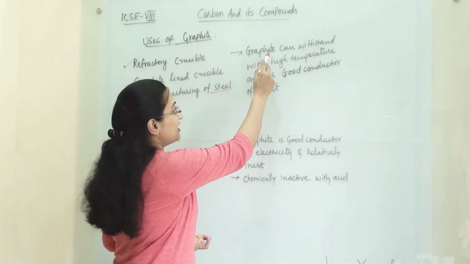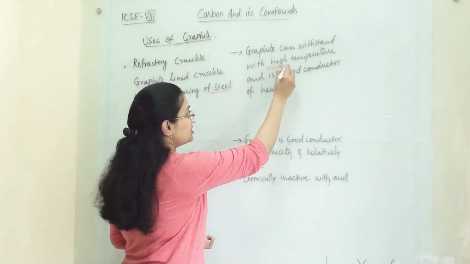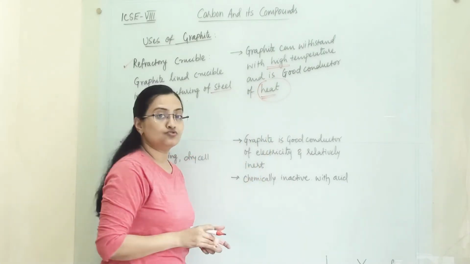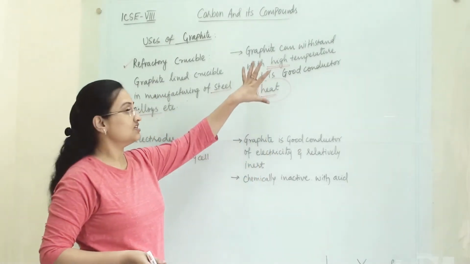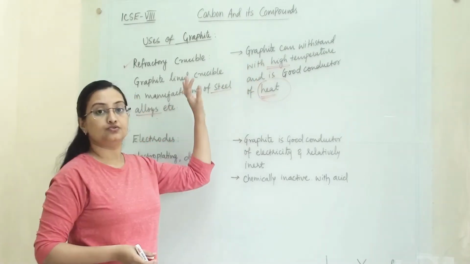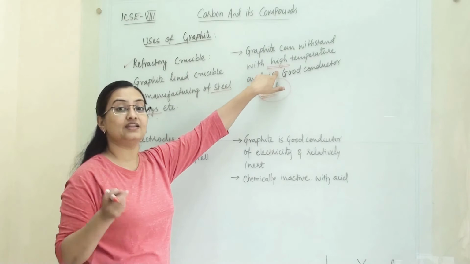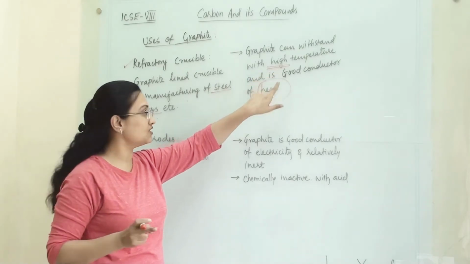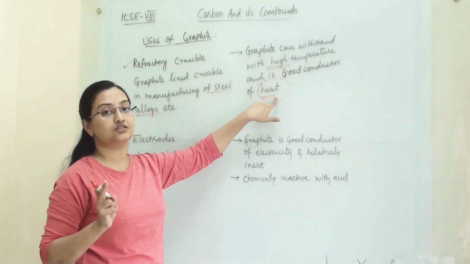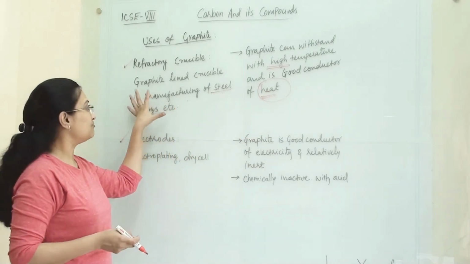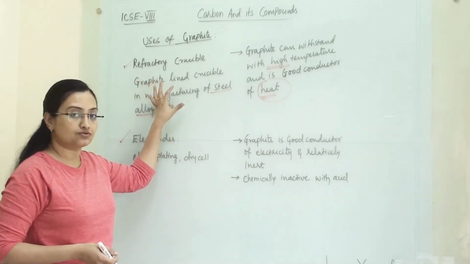Because graphite can withstand high temperature and it is a good conductor of heat. So two qualities of graphite are used here: first, it can withstand high temperature, and second, it is a good conductor of heat. That's why we use it in making a refractory crucible.